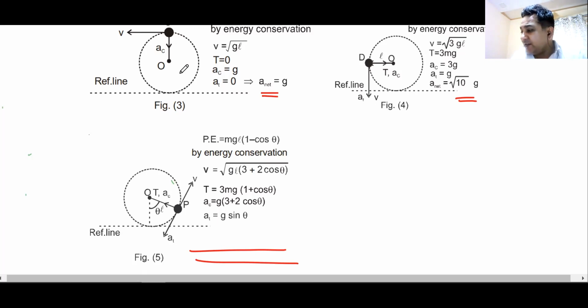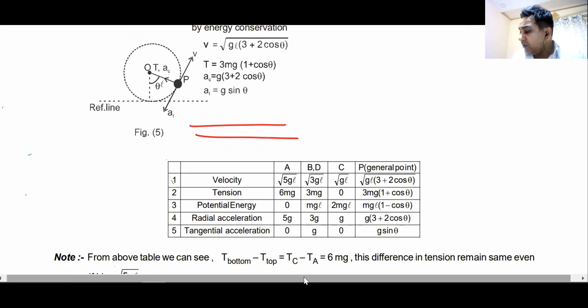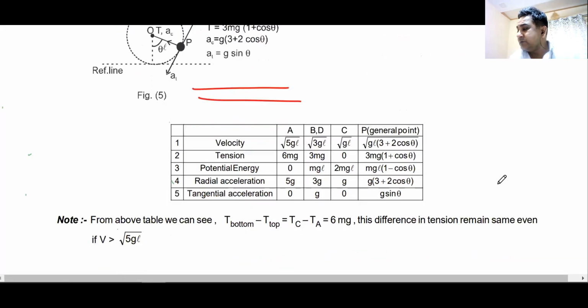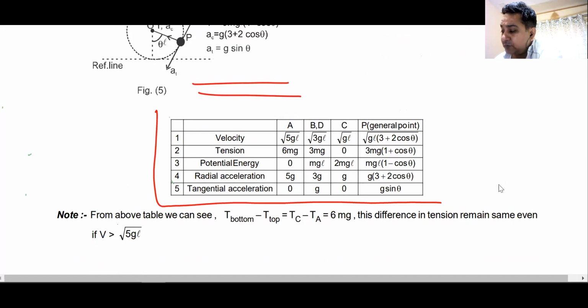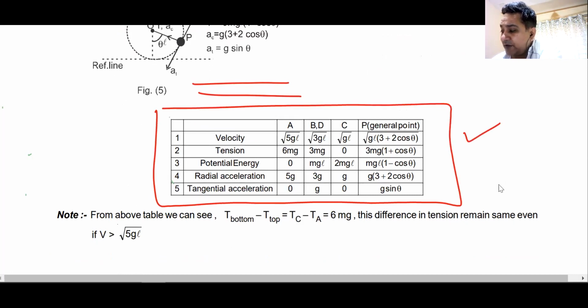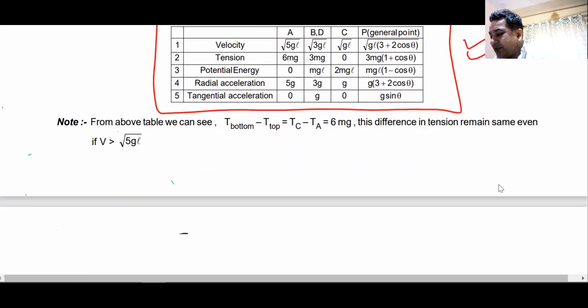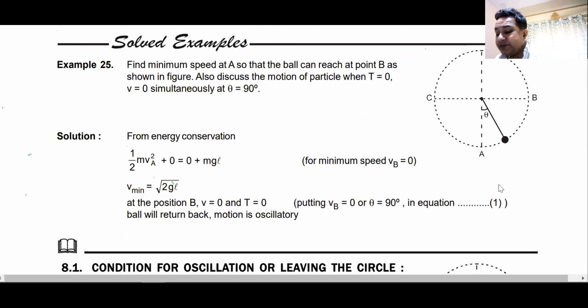I hope you have read this. This is also available to you as a table in the form of notes. I have given it to you. Remember these and you should be able to solve any problems based on this. Simple problem. I hope you can solve this.